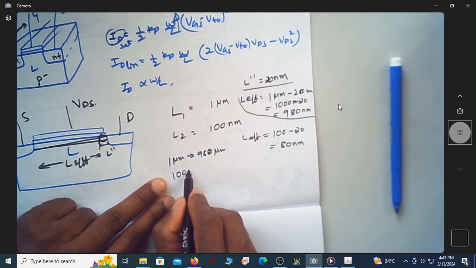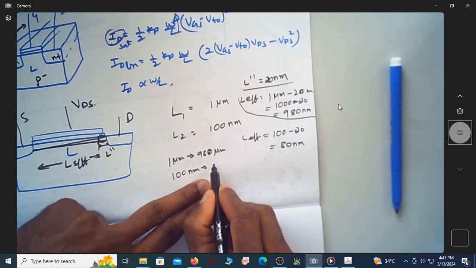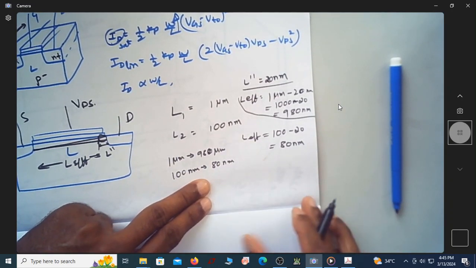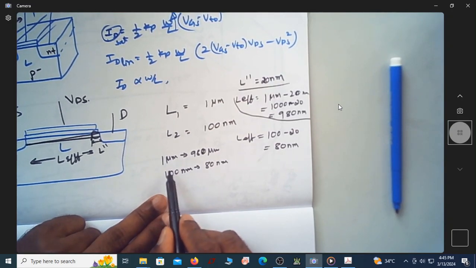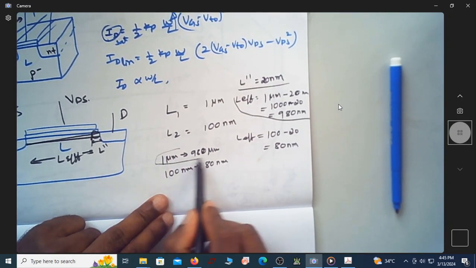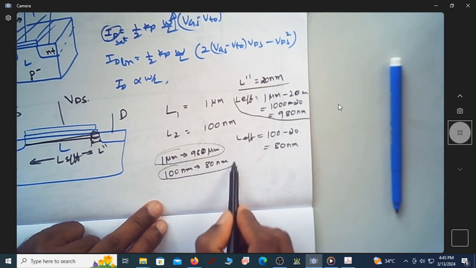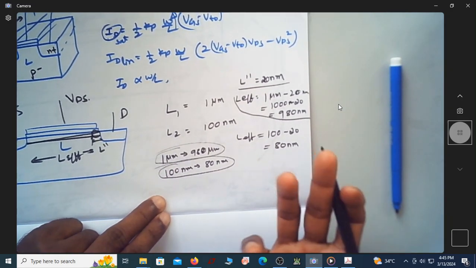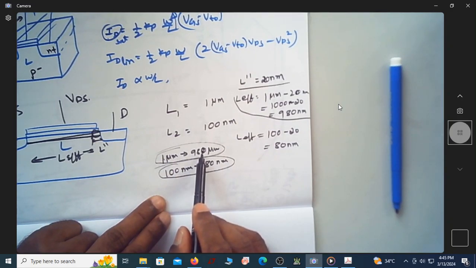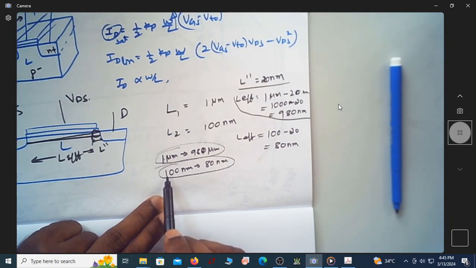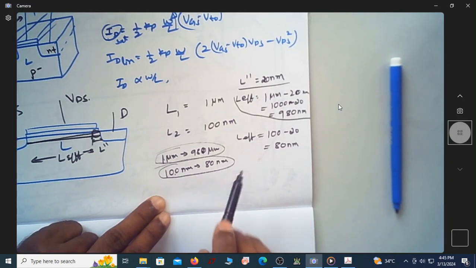From 100 nanometer it has changed to 80 nanometer. So comparatively the change is very less in the first case, and larger in the second. The percentage change from 1 micro to 980 nano is very small compared to 100 nanometer to 80 nanometer.